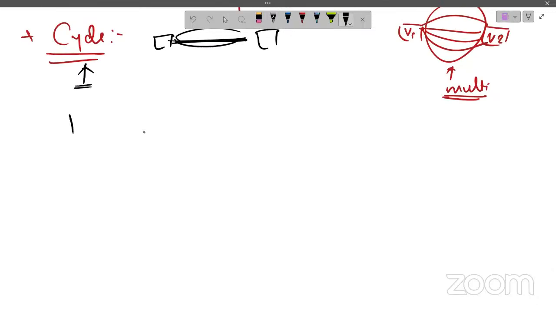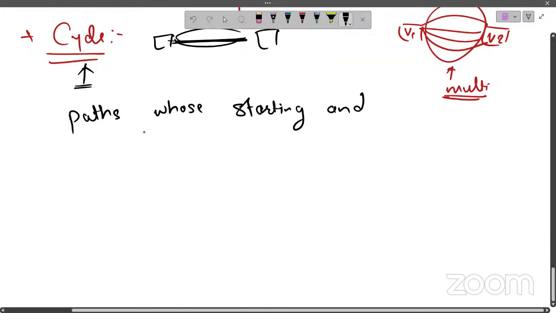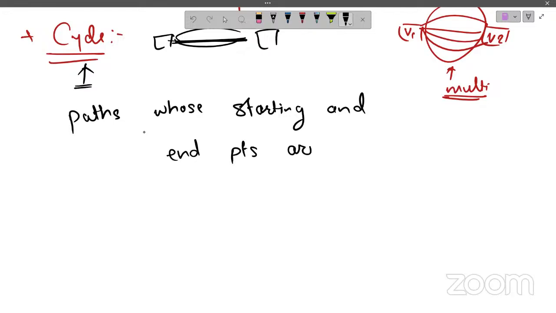Cycles are basically paths whose starting and ending points are the same.